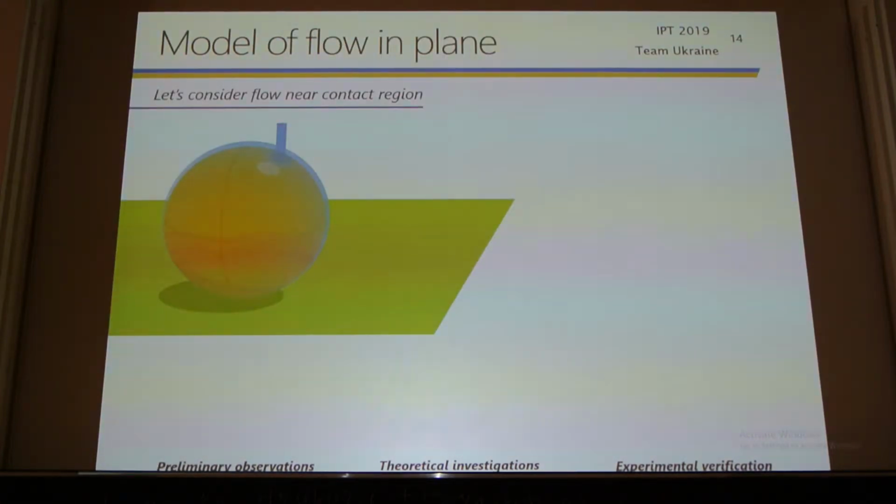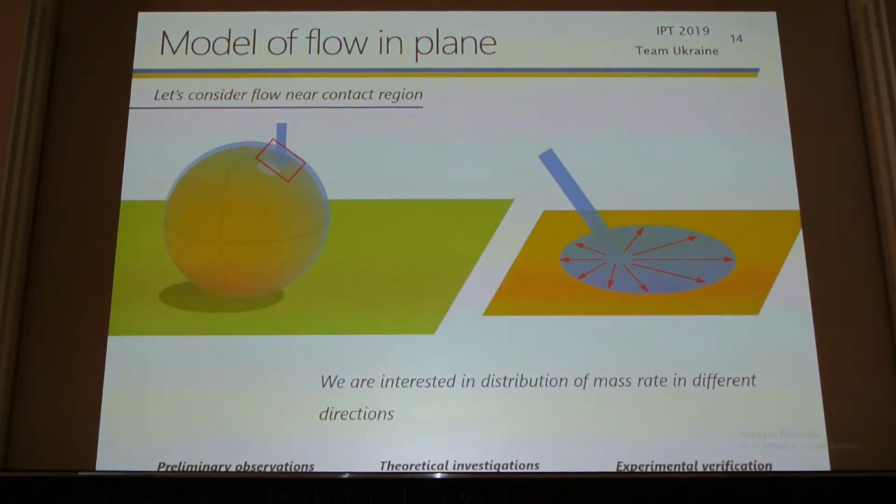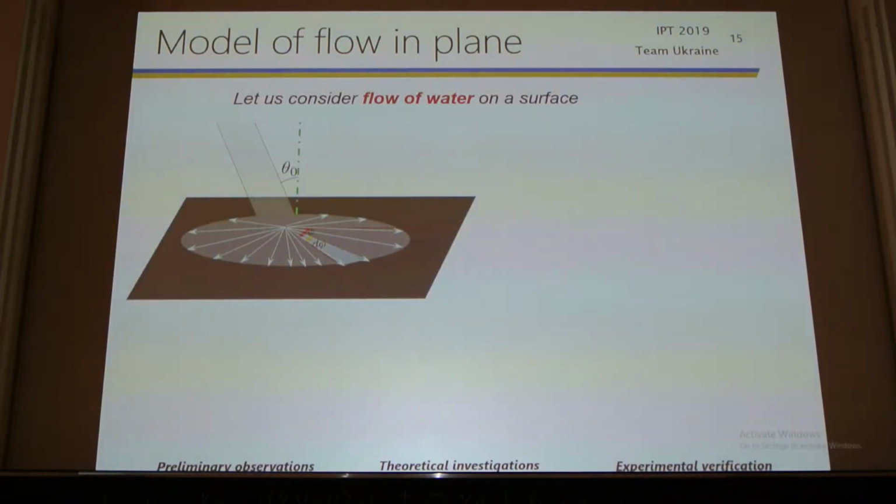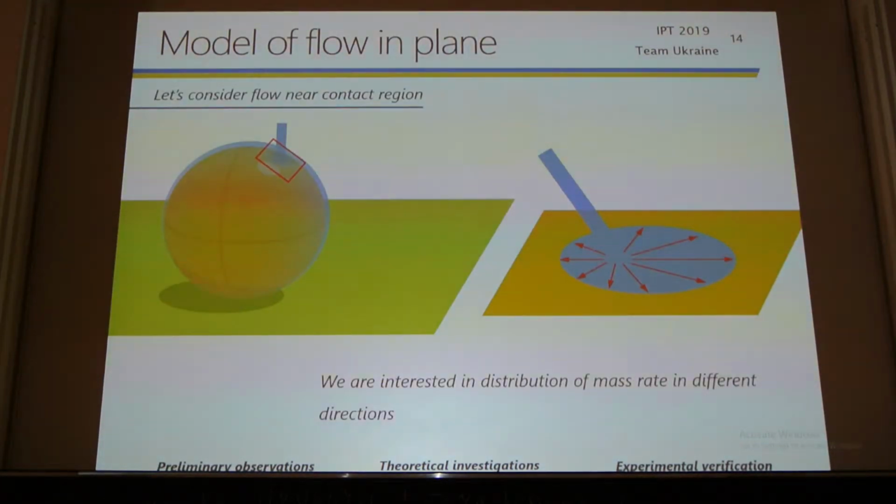To do this, we will divide the whole problem into two parts. At first, we will investigate the flow of water on a flat surface, and then we will investigate the flow of this water around the ball.